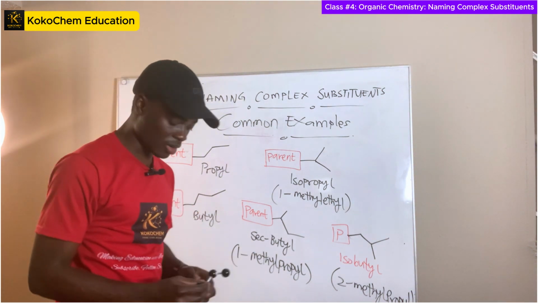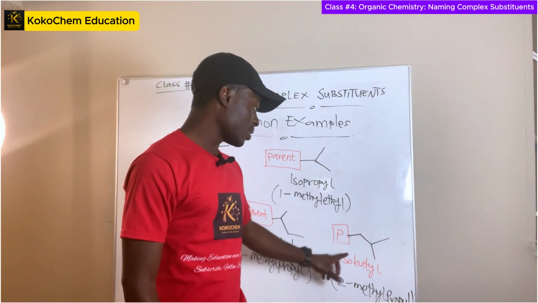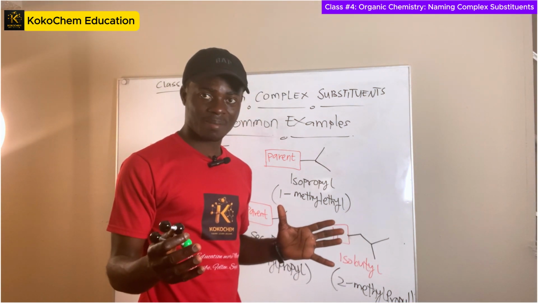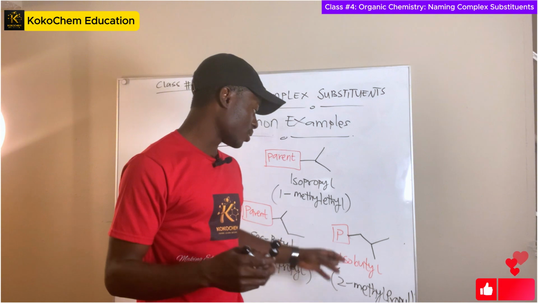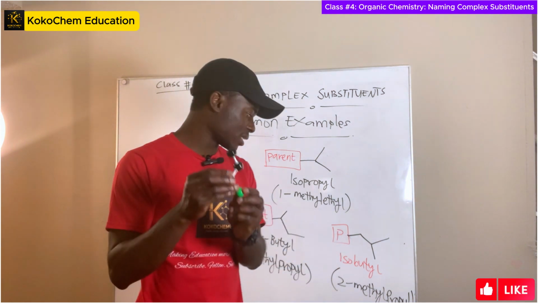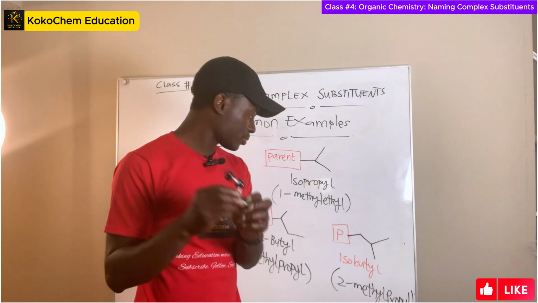If you come here, 1, 2, 3, 4, the same 4 carbons but arranged differently. So we get the parent, which is the green ball here.